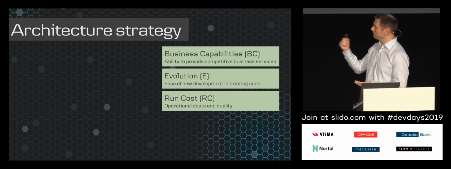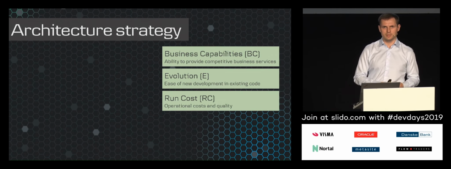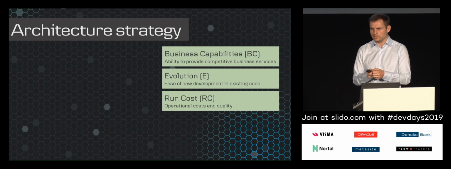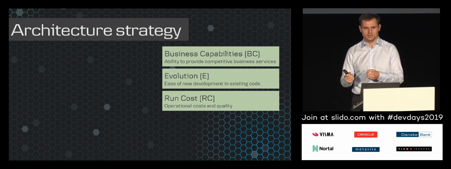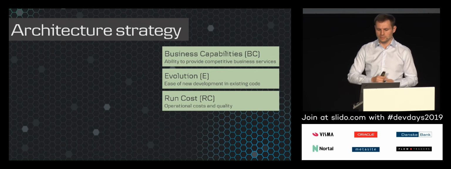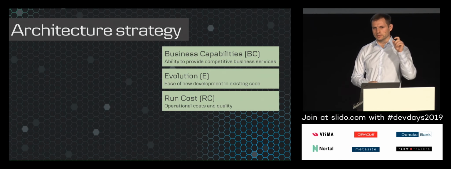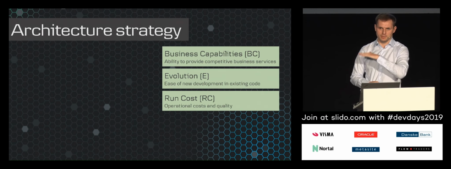We said we want to be focusing on business capabilities as a driver. So whenever we create software, we need to figure out how we actually gain some competitive edge by doing something in the IT world, so our business is happier than it was before. Second one, evolution. Remember I mentioned those fast-paced, constantly changing, regulated environments that we work in.